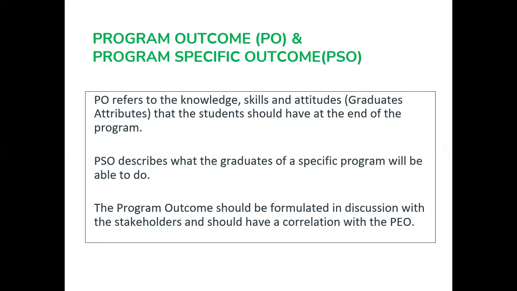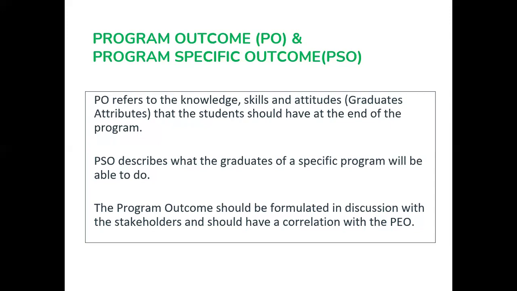Now, if you identify again, what is meant by a PO and what is meant by a PSO? Program outcomes refer to the knowledge, skills, and attitudes. Already we have seen Bloom's taxonomy domains: cognitive domain, psychomotor domain, and affective domain. Here knowledge represents the cognitive domain, skills represent the psychomotor domain, attitude represents the affective domain.